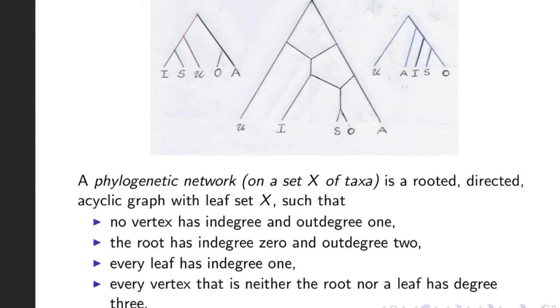For representation purposes, we also say that if I have a vertex with in-degree 2 and out-degree 1, then we call this vertex a reticulation vertex, or sometimes people also call it a hybrid vertex. And if I have a vertex that has in-degree 1 and out-degree 2, then this vertex is generally referred to as a tree vertex.